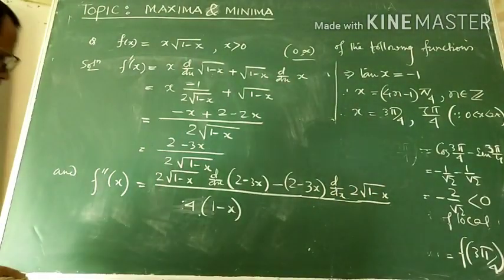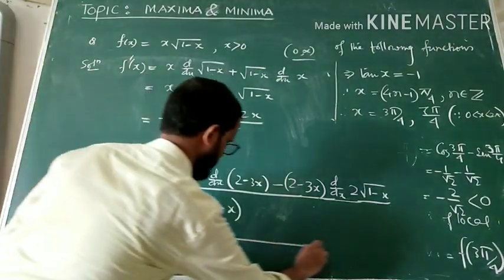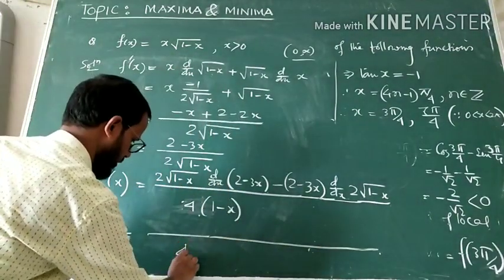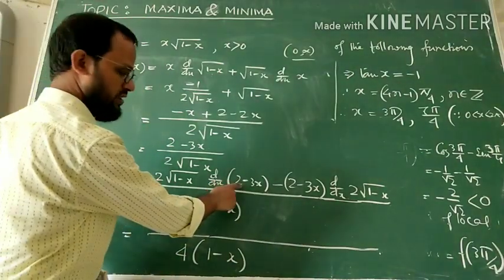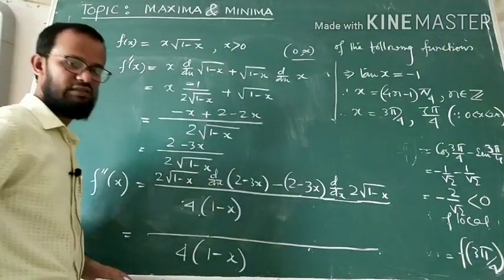Now if you continue, it will be 4 into 1 minus x, and the derivative of 2 is 0, the derivative of minus 3x is minus 3.